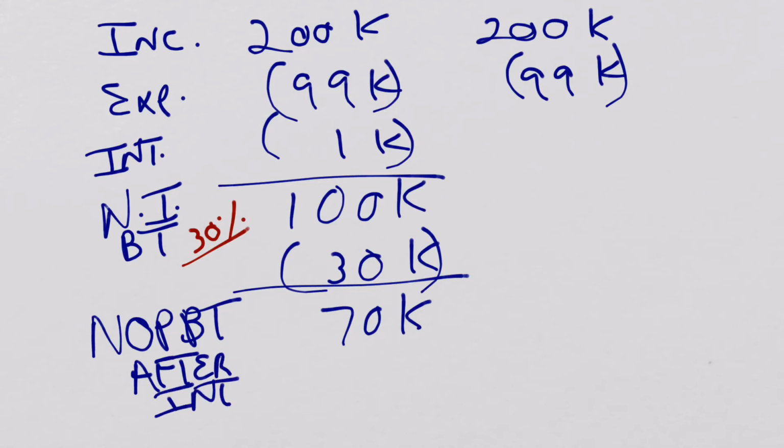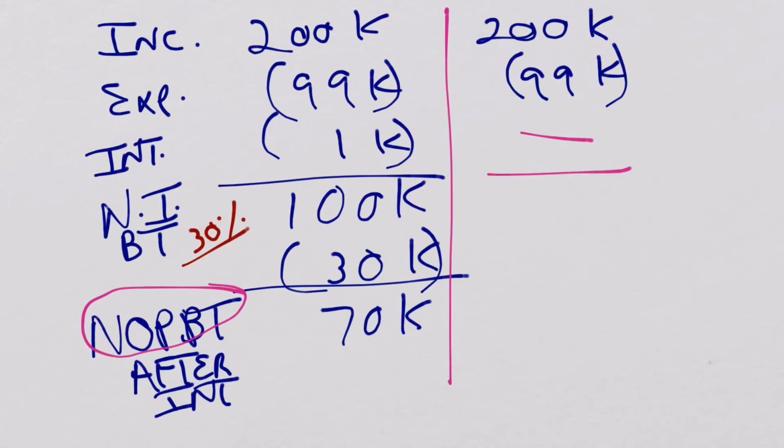And what we want is we want a pure NOPAT. We want just this. So we want to get to the net operating profit after taxes, but not after the interest expense is deducted. So to do that, if we had enough information, we could do what's in column B here, which is we could ignore the interest expense deduction and figure out that our net income before taxes, but before interest expense, instead of being 100 is 101. That's the contrast.